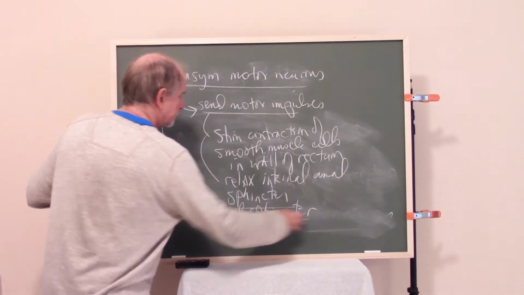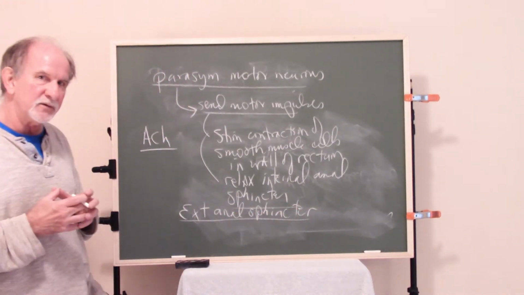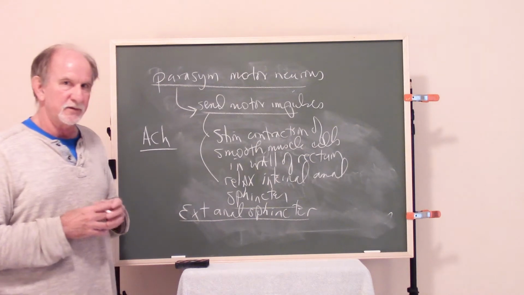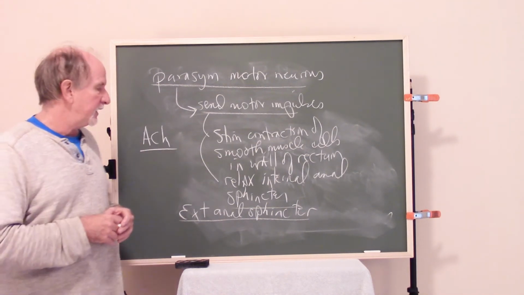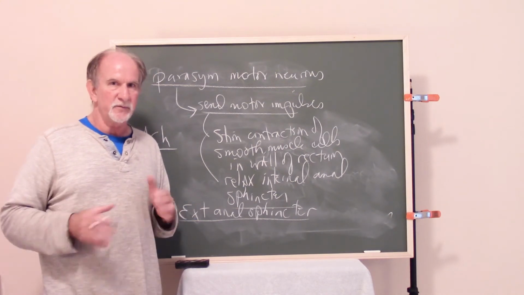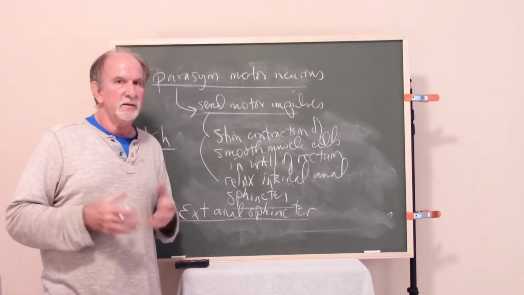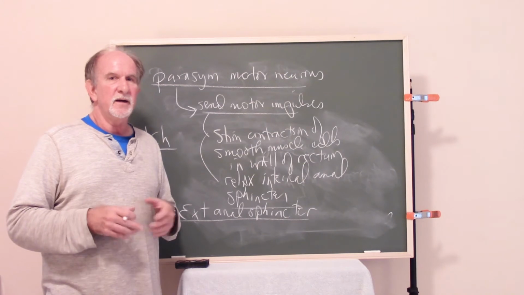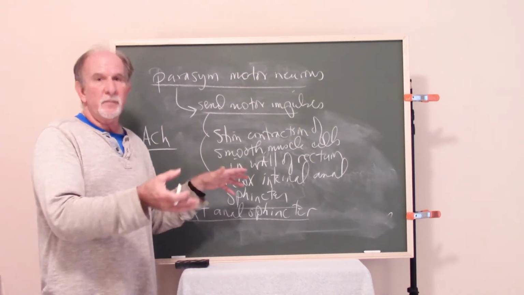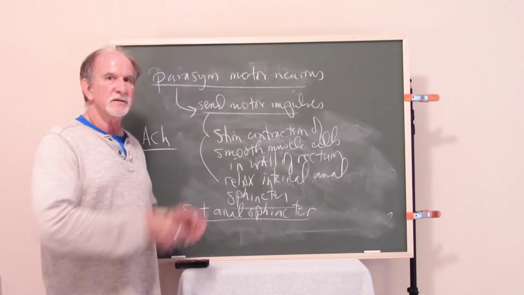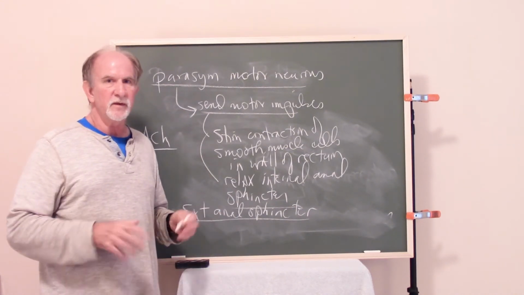And the external anal sphincter is a skeletal muscle under voluntary control. So you can will it into action. And if you contract the external anal sphincter, you can hold the feces until you get to a bathroom, at which time you would stop contracting and allow it to relax, and then the defecation reflex would take over from there.